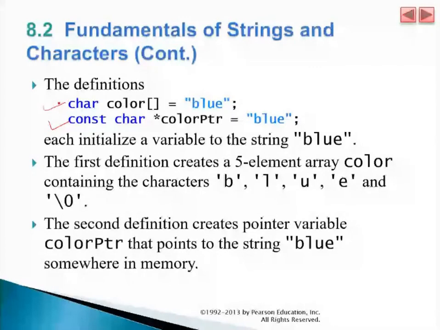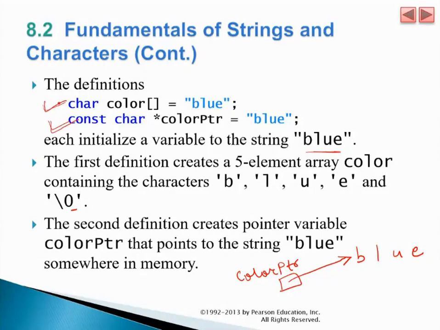The first definition creates a 5 element array, because there are 4 letters, BLUE, and then the null character. The second definition is a pointer variable that points to the string blue somewhere in memory. So color PTR points to that blue, or the first character of the string. Both ways are allowed.